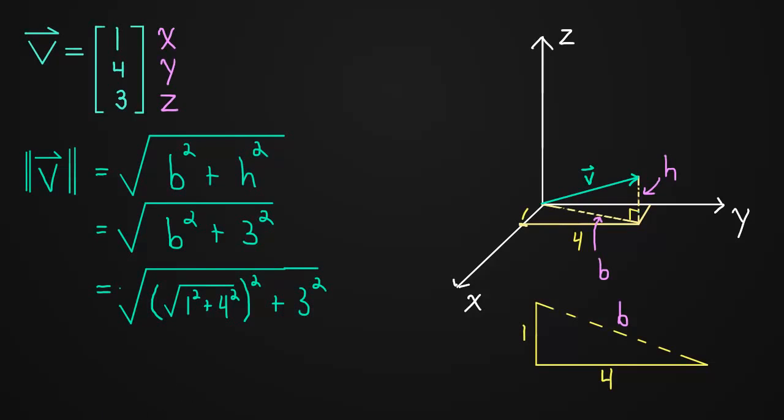Well, something really nice just happened. Look, we have a square root being squared, and so that square root just simply goes away. So this whole thing simplifies to the square root of 1 squared plus 4 squared, because that square root went away, plus 3 squared.